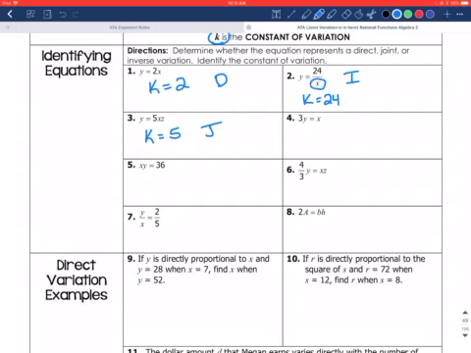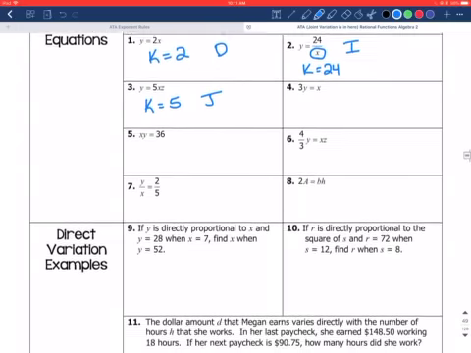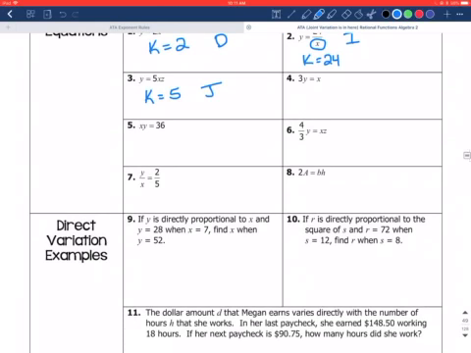Okay, let me see if I can find one. Yeah, this would be a good one. Looking at number 8, for some of these, you just have to solve out. For number 8, they're just asking you to solve for A. This might be familiar to you: area equals 1/2 base times height. This is the area of a triangle. But this is not inverse variation because we do not have a variable on the bottom.